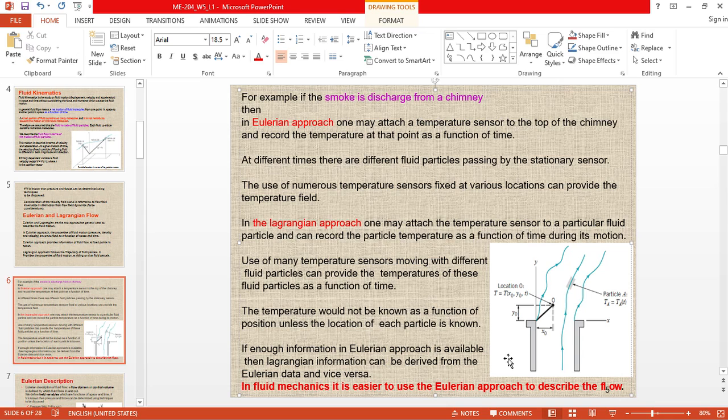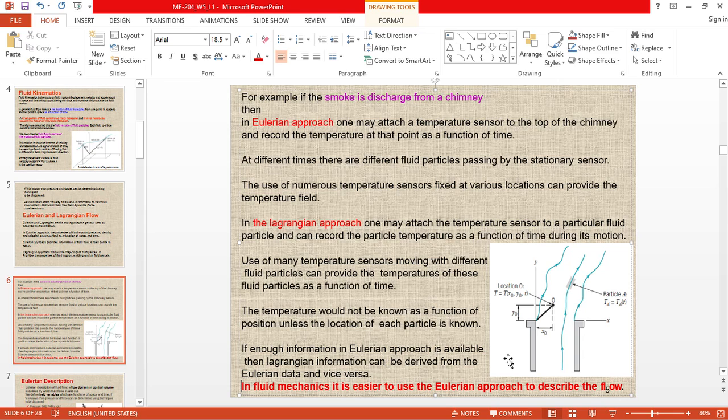For example, if a fish is moving in a fluid in a sea, a river or a pond, and you want to observe that particular fish, you can put a sensor on it and record its behavior. That is the Lagrangian approach. If you want to observe an animal in a jungle, you can put a camera on it and monitor its movement and behavior.